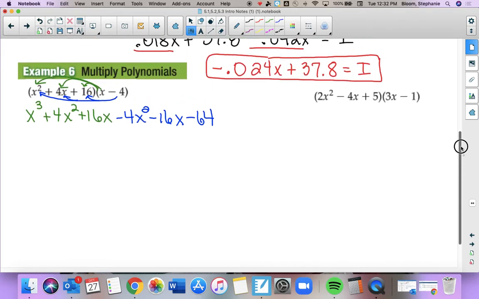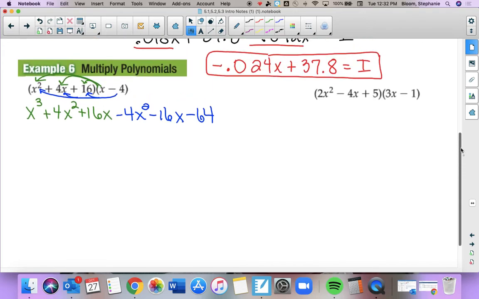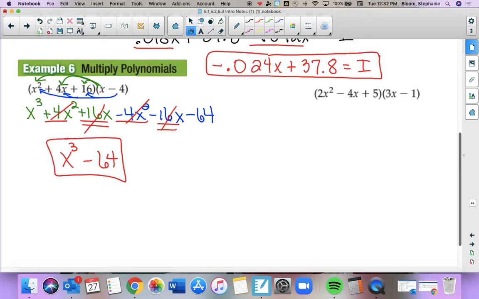So what do you notice is happening when I combine like terms here? Yes, 4x squared and negative 4x squared is going to cancel. 16x and negative 16x is going to cancel. So I'm left with x cubed minus 64 as my simplified answer.